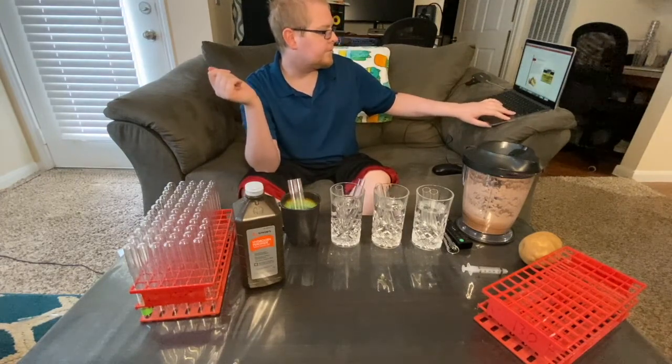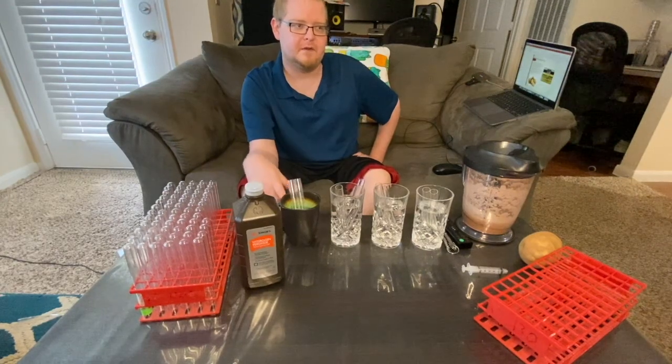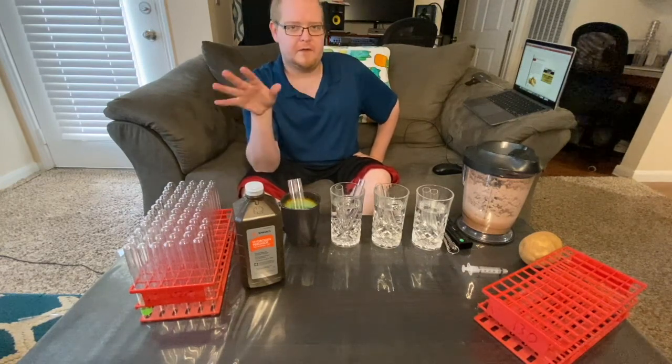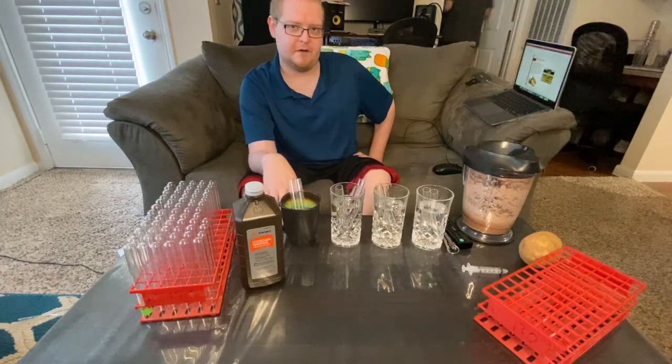What we're going to do is use the temperature experiment, which is experiment 2 in your lab manual. We're not going to use the pH experiment because that's going to be hard to do in your homes. You're not going to be able to get hydrogen chloride or all of those chemicals, but you will be able to get different temperatures of water.